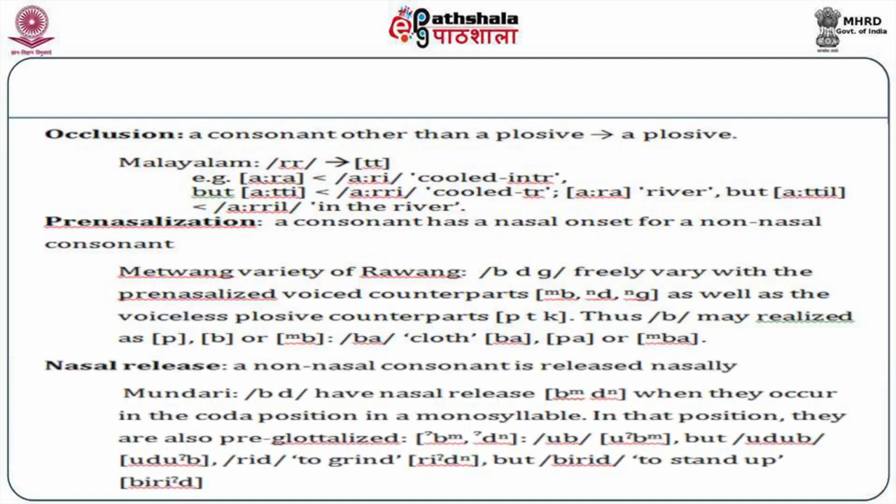The opposite of prenasalization is nasal release, where the plosives, when they are released, have a nasal consonant at the end, such as the, when it is released, it is heard as dna, or a b released, it is heard as m. We have examples of these on the screen. In Mundari, b and the have a nasal release optionally. They also have optional preglottalization.